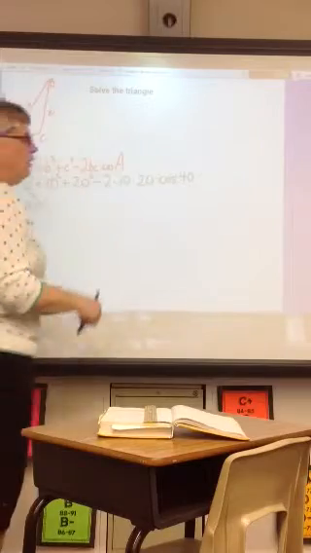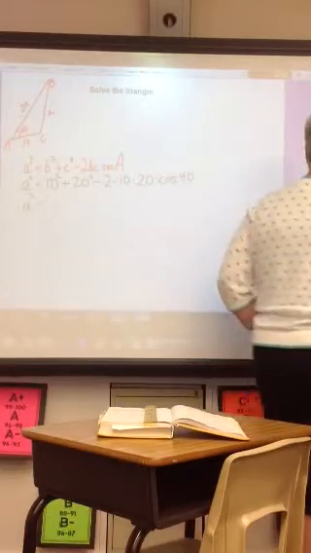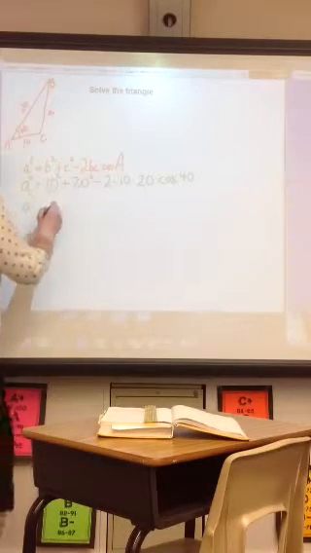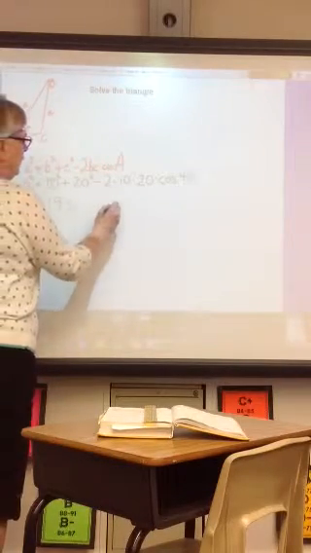Now, I'm going to put this all in my graphing calculator. And I'm going to have 10 squared minus 2 times 10 times 20 times the cosine of 40 degrees. Now, this comes out that a squared is equal to 193 point whatever.